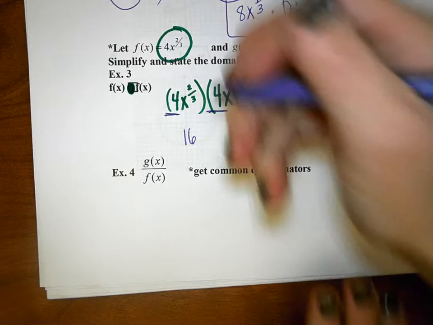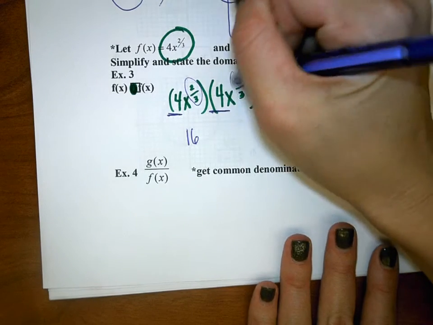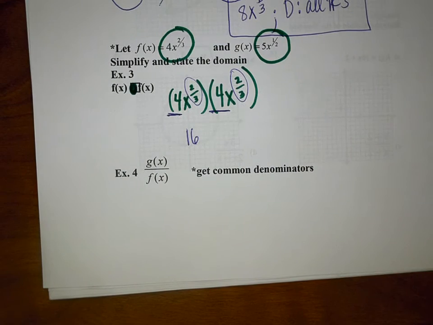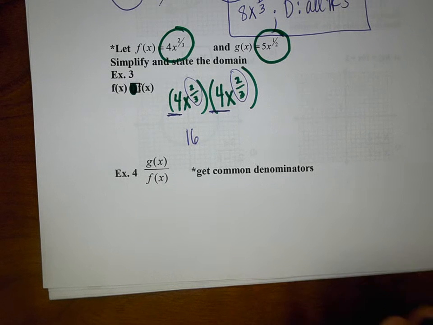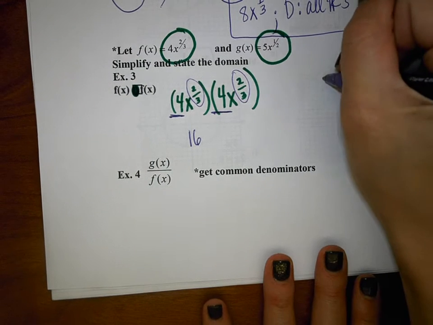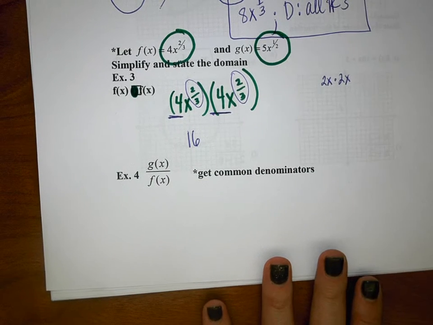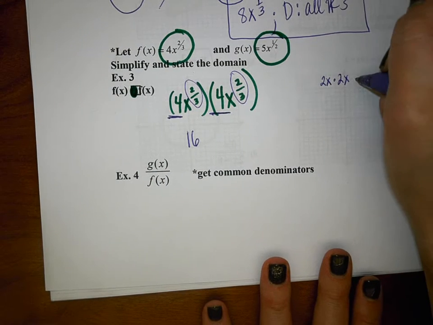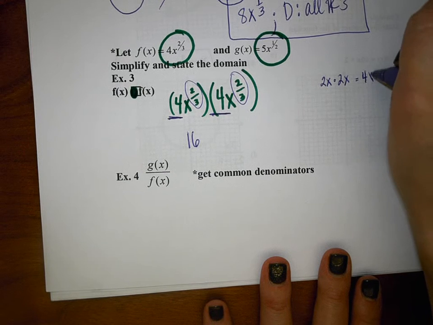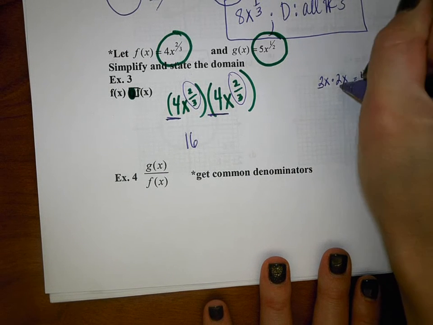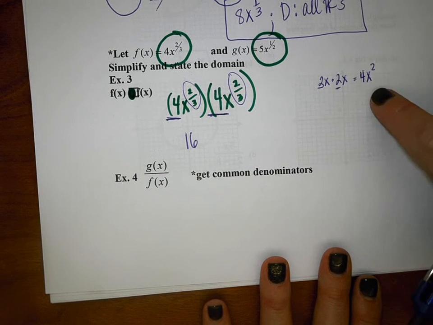Now when you're dealing with exponents, when you're multiplying, what do you end up doing? The correct answer should be adding. For example, if I had, let's just say here to the side, 2x times 2x, and I multiplied that together, that would equal 4x squared, because I multiplied the 2 times the 2, and then x and x makes x squared.